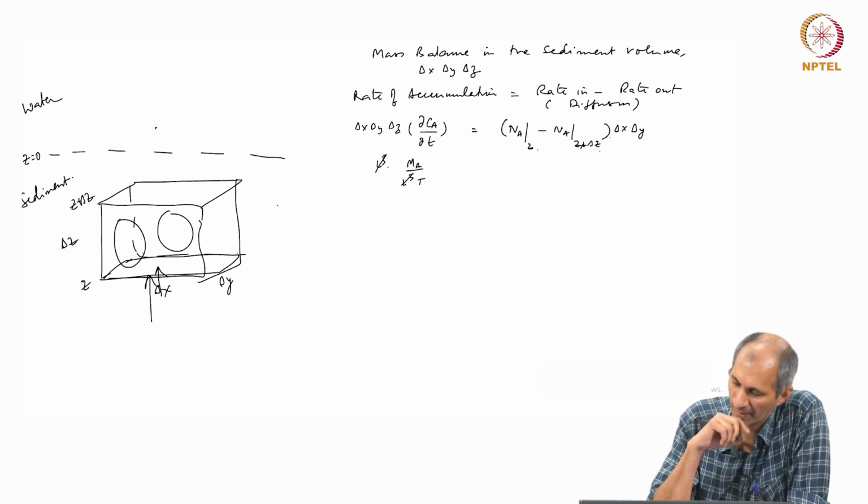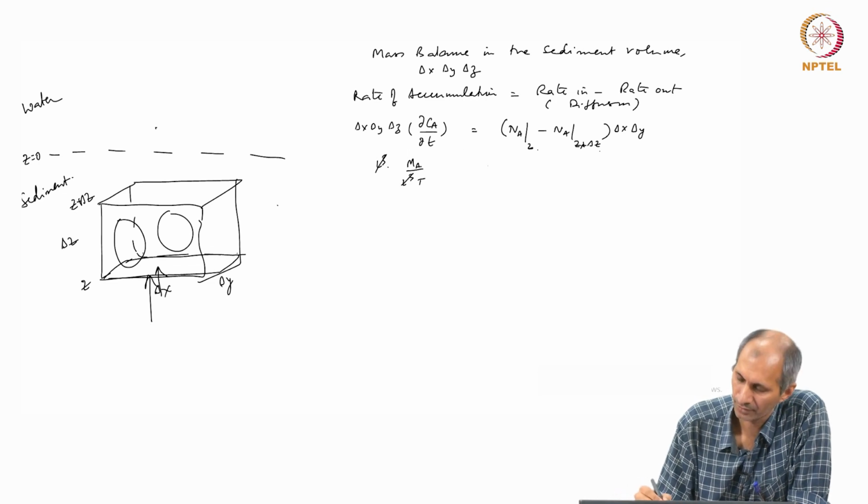Nothing wrong. So this term here, diffusion, is minus dA dou Ca by dou z at z, minus of minus dA dou Ca by dou z at z plus delta z, into delta x delta y.